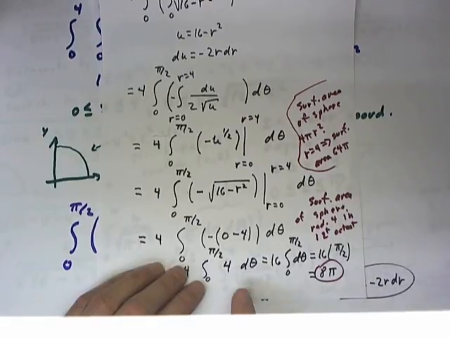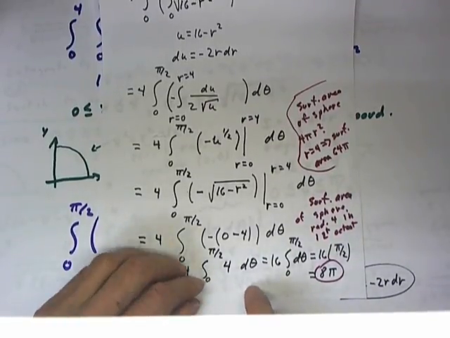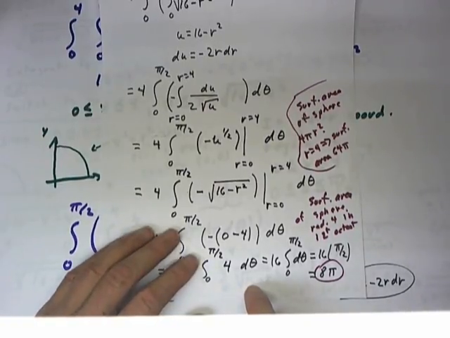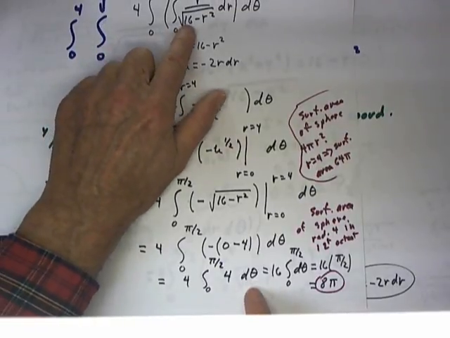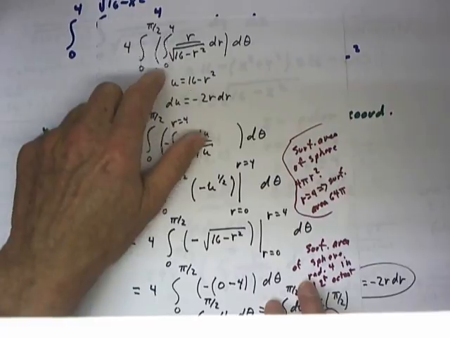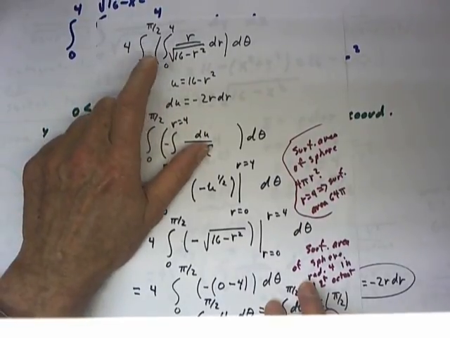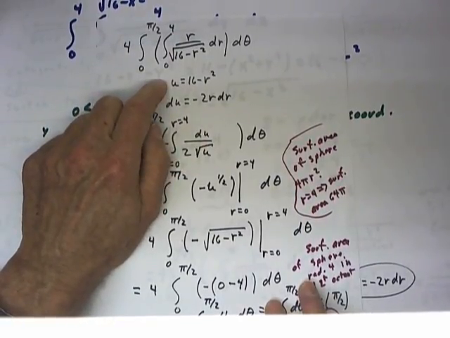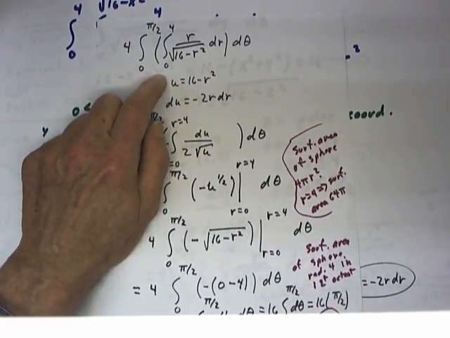And in fact, this integral that we've done can be done in terms of general radius, call it radius A. If we replace 16 by A and replace the 4 here and the 4 here by A, we get the general integral for the first octant surface area of the sphere.